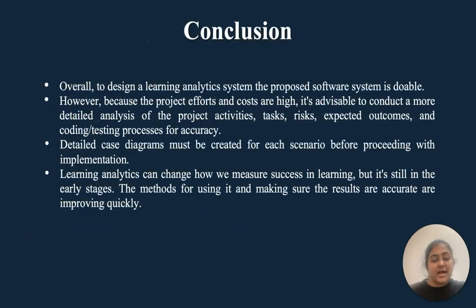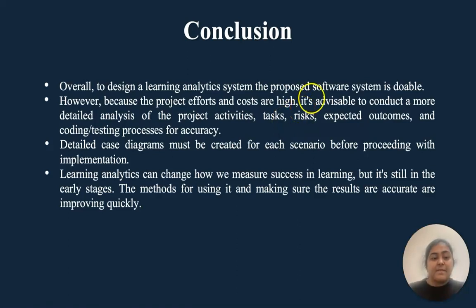And last would be the conclusion. The learning analytics system proposed software is doable. As the project efforts and costs are high, for improving the accuracy, we need a detailed analysis of the project activities, tasks, risks, expected outcomes, and the coding and testing. Next, detailed use case diagrams must be created with each scenario before proceeding with implementation.